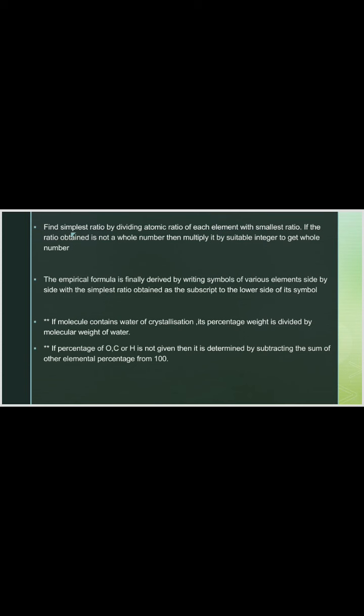Then the next step is that the empirical formula is finally derived by writing the symbols of the various elements side by side with the simplest ratio obtained as the subscript to the lower side of the symbol. Clear? We have to make it a subscript.